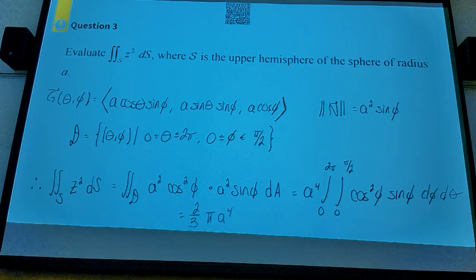You should get 2/3 pi a to the fourth. And the important part is getting the setup. That's generally the hardest part.